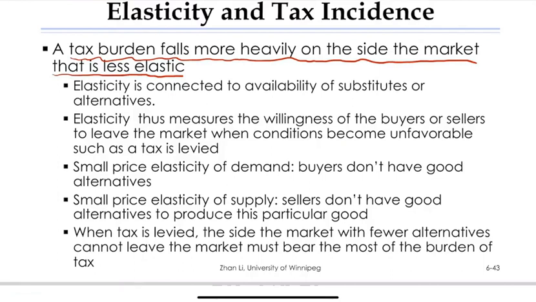So why is demand inelastic? Well, possibly it's because consumers don't have other choices. So that's why they're not sensitive to price changes in the market. So if they don't have other choices, this implies that if there is a tax, then the side with fewer choices has to bear a larger burden, right?